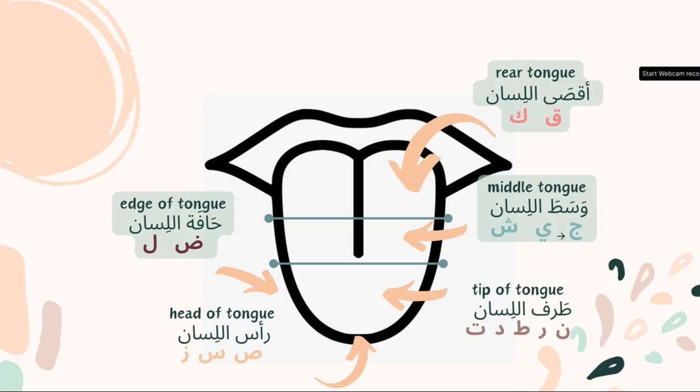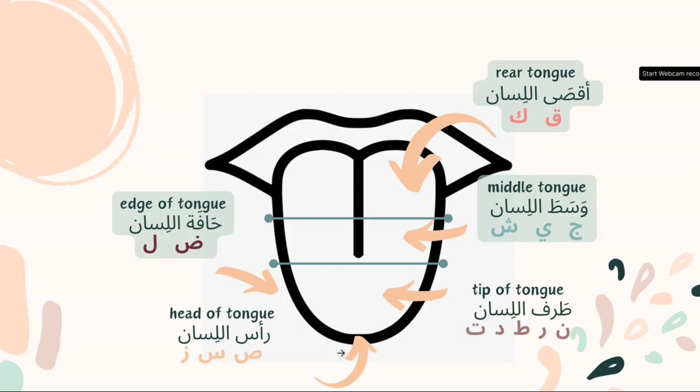And then we studied the jim, ya, sheen from the middle part of the tongue. And we moved to the edge of the tongue where we studied the letter dad and the letter lam. And then from the tip of the tongue, tarf al-lisan, we studied the noon, the ra, and the three letters that exit from the same place, which are ta, dal, and ta.